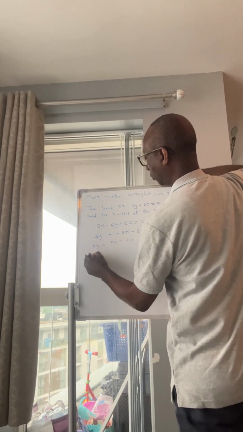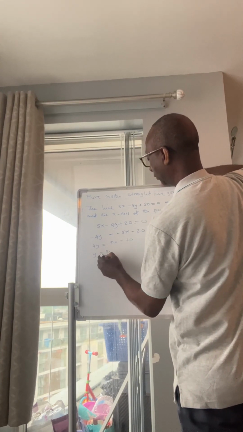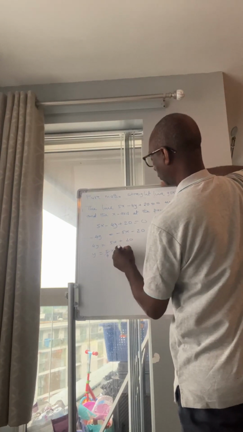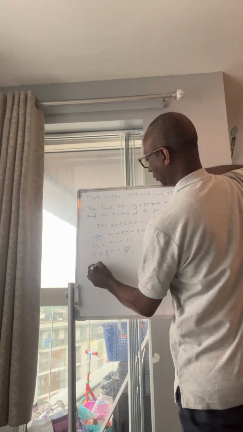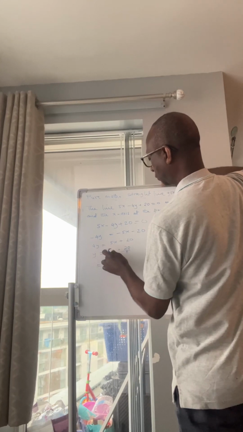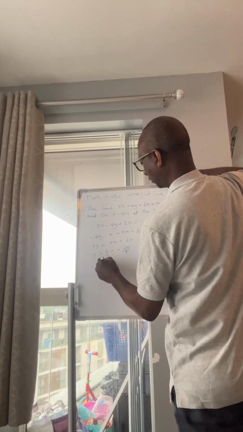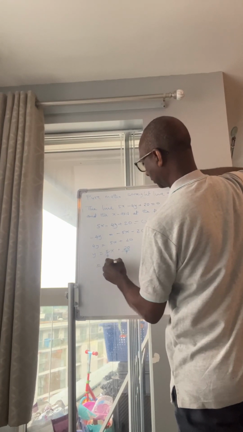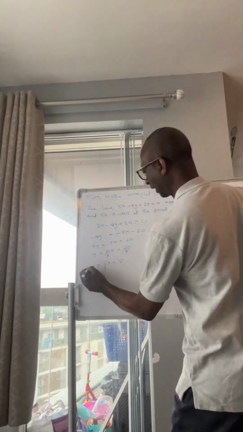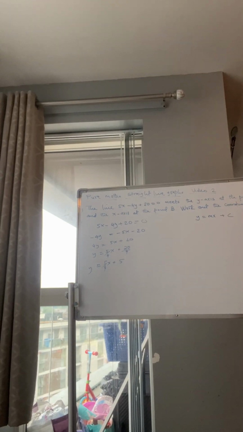Therefore y, dividing throughout by 4, is 5 all over 4, x plus 20 all over 4. So therefore y equals, this is 1.2, let's leave it as this, 5 all over 4 x plus, this is 5. So now we have the equation of the line as this, and they ask you to work out the coordinates of A and B.